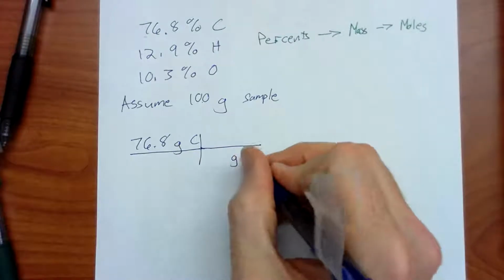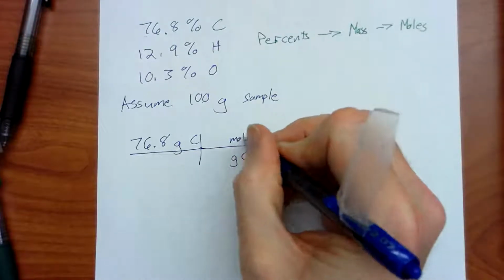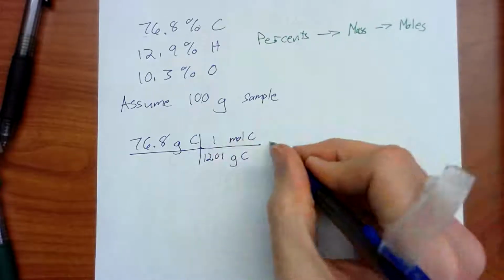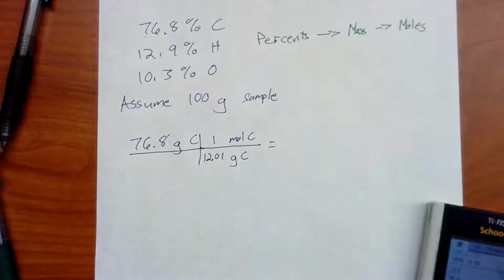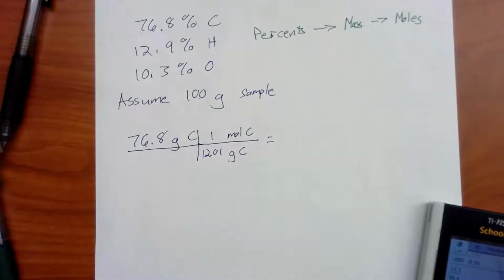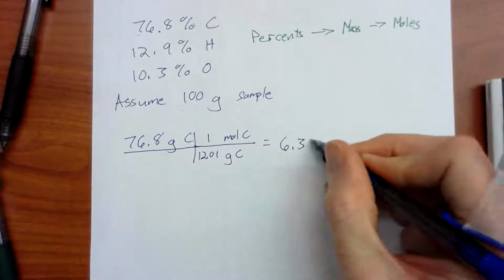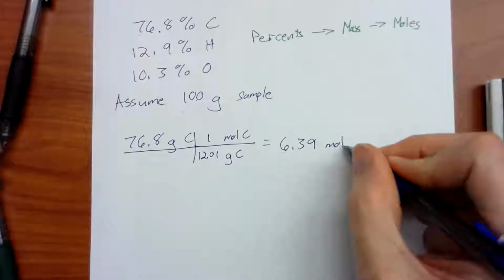And then we convert grams of carbon to moles of carbon. 12.01. And then we find out that 76.8 divided by 12.01 is going to be 6.39 moles of carbon.